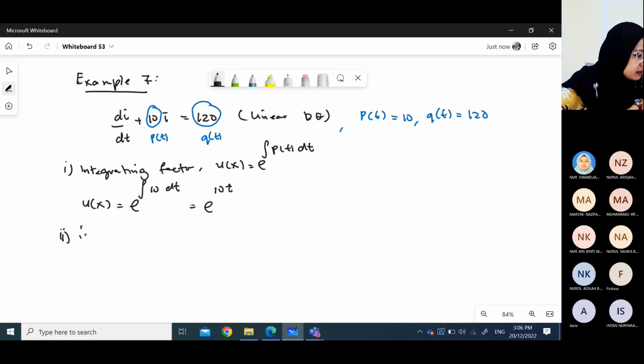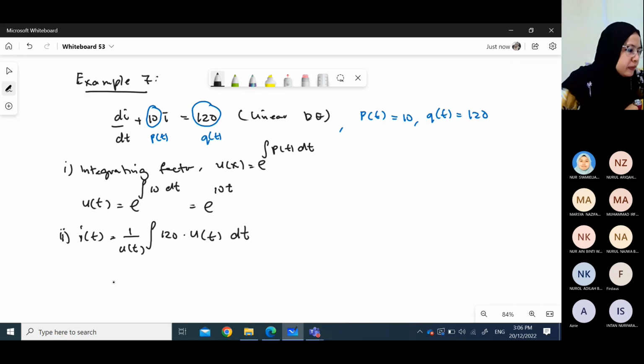So I of t, the current at any time t, is equivalent to 1 over the integrating factor multiplied with the integral of 120 multiplied with u, not ux, that's wrong, ut, with respect to t.